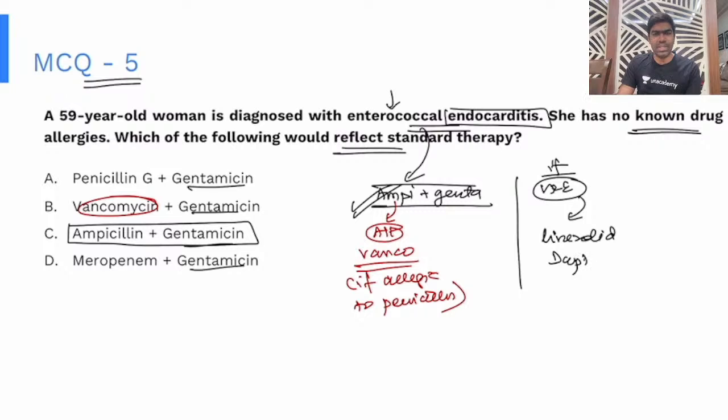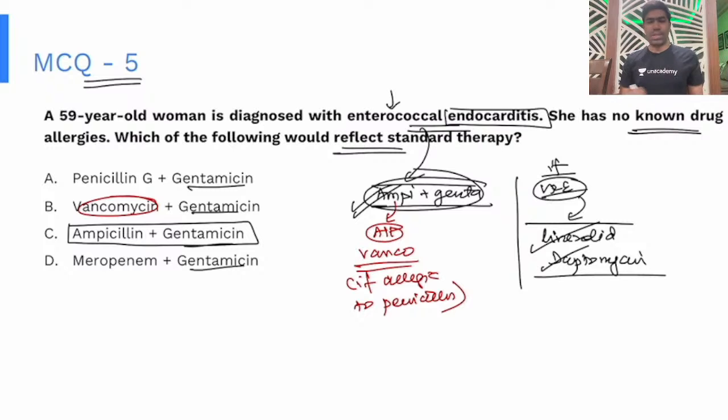In fact, daptomycin is an excellent drug for infective endocarditis, because it's a very good drug for septicemia caused by resistant gram-positive organisms. So if they have mentioned specifically a vancomycin resistant enterococcus, then these are going to be very good options. If they have not mentioned vancomycin resistant enterococcus, then this is going to be the standard treatment.